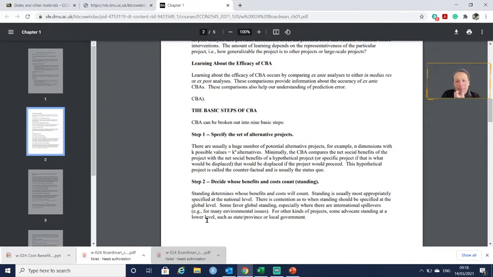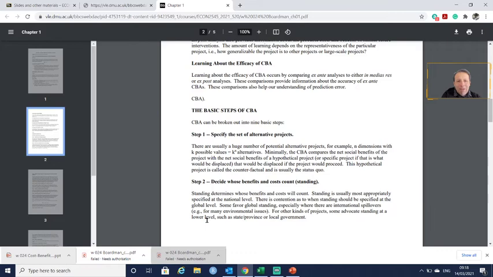Step number 2 is to decide whose benefits and costs count. That is called standing. The costs and benefits depend on the subjects of the cost-benefit analysis. Some people might perform a national-level cost-benefit analysis, but others would prefer to do a provincial one.